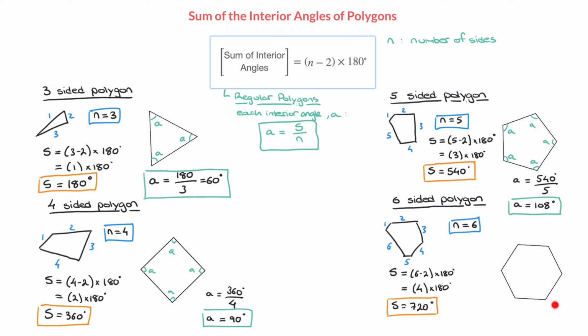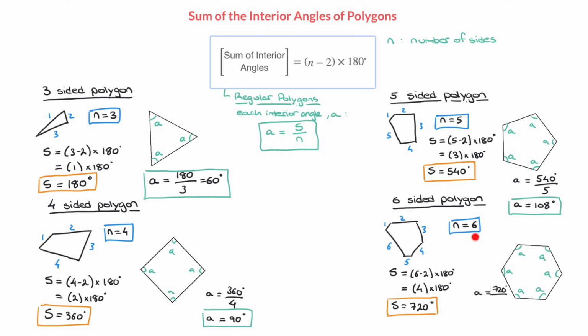Now, in the case of the regular hexagon, all of its side lengths will be equal in length, and all of its interior angles will be equal. And just for the other examples, I'll call each of those interior angles A, and using this formula again, we can state that the interior angle of a regular hexagon will be equal to the sum of the interior angles of a hexagon, so that's 720 degrees, divided by the number of sides the polygon has.